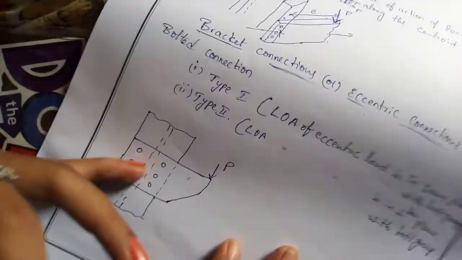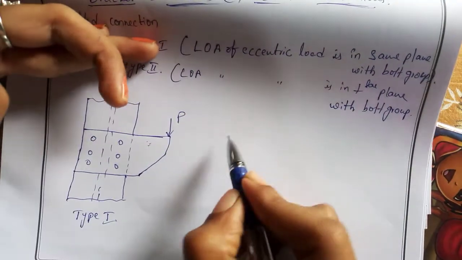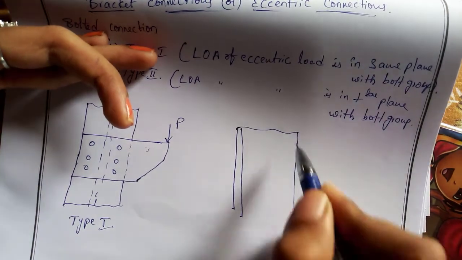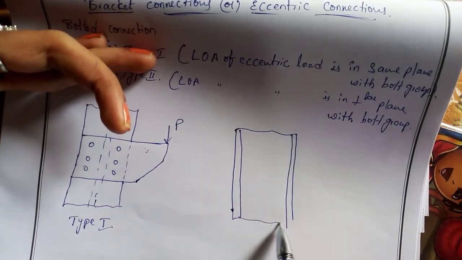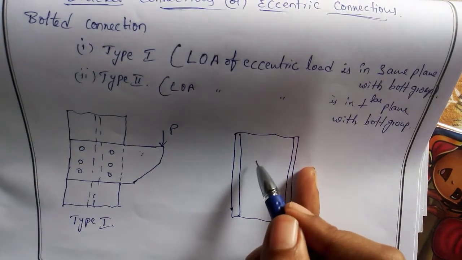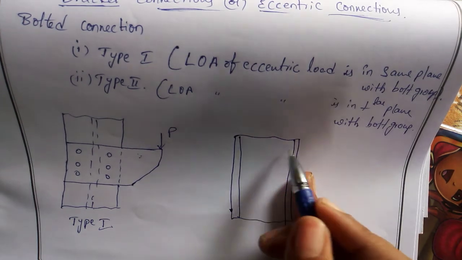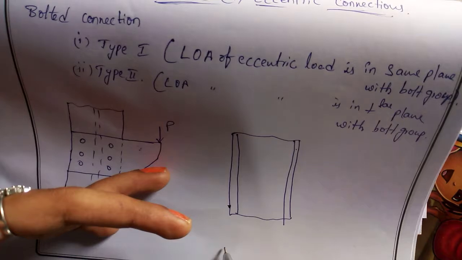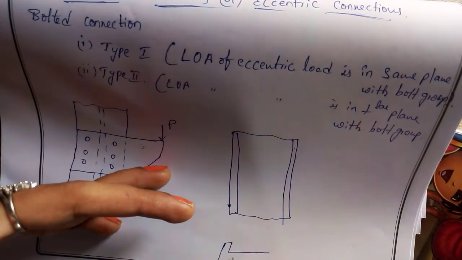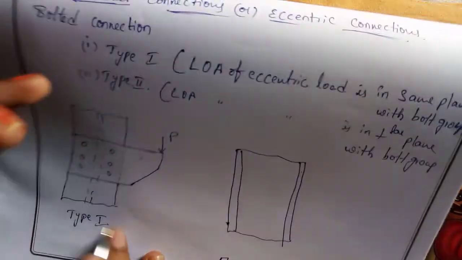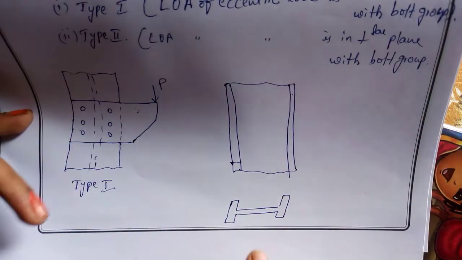In the same diagram, the middle part which we are looking at here is the flange now, and these two are webs. If you observe the cross section, this is your cross section. In the first case, you can see the cross section here.